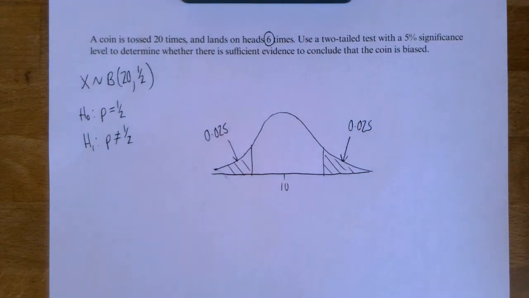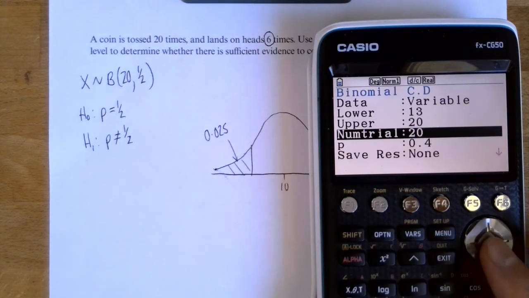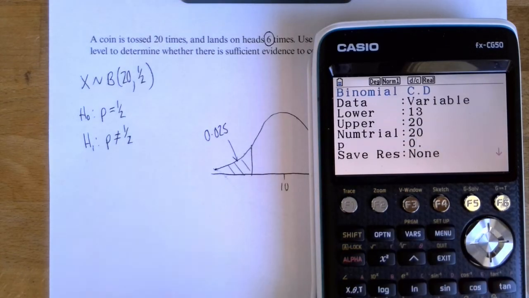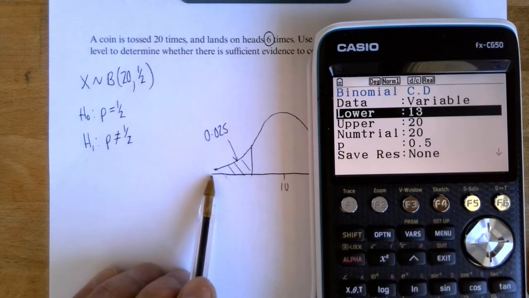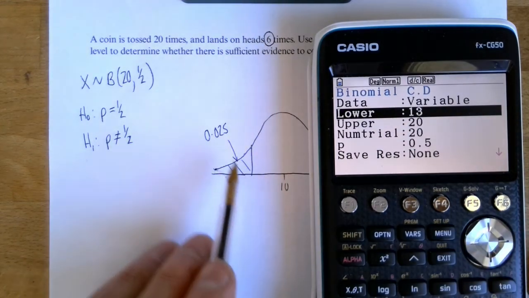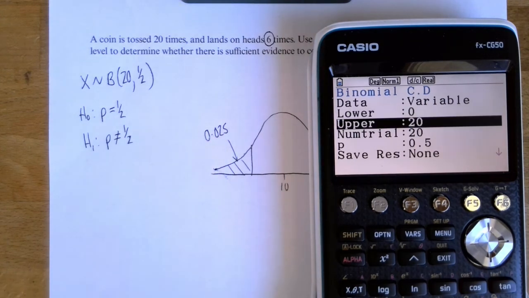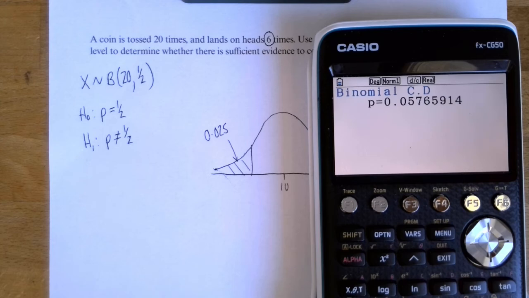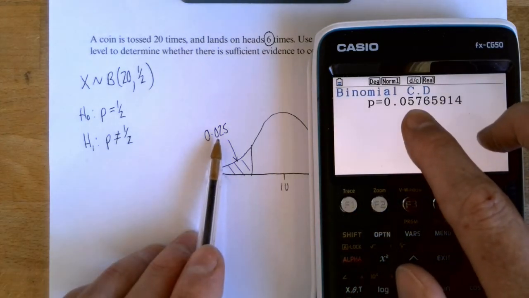So let's get the calculator set up. So I want to enter 20 and 0.5 as my 2 parameters, and I want to know if 0 to 6 gives me a probability of less than that. So 0, 6, it is not less than that.